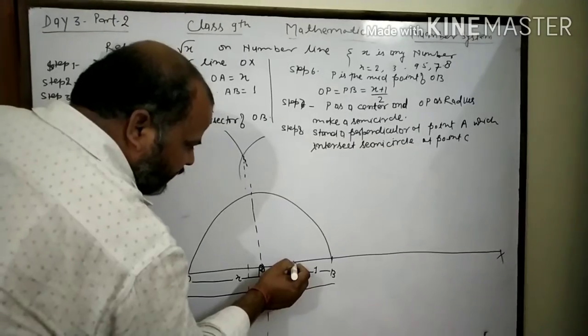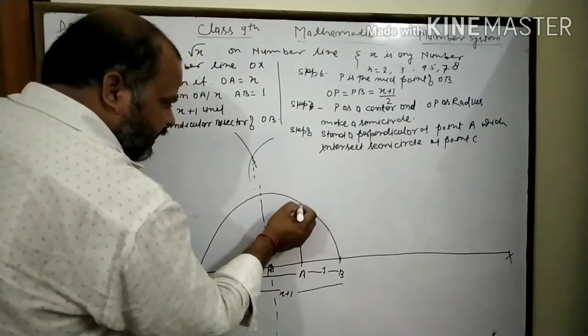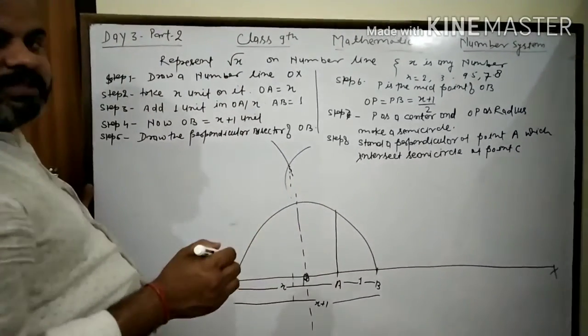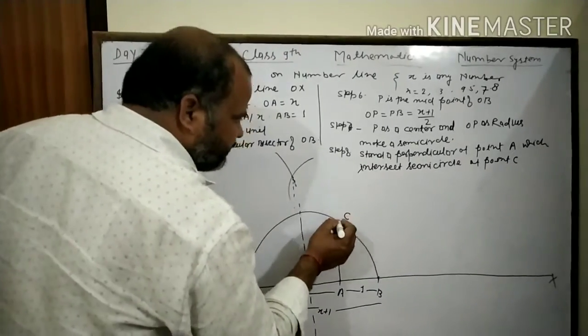We can draw a perpendicular at point A and produce up to intersect the semicircle at point C.